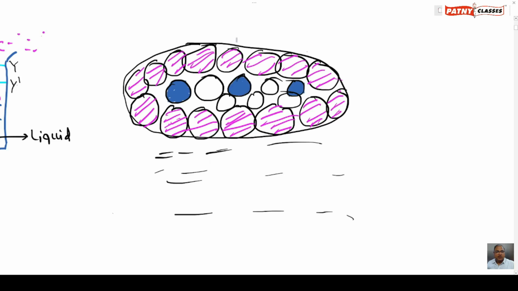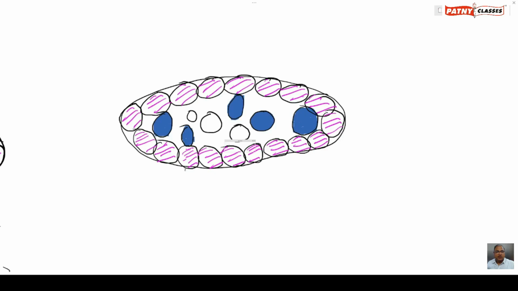One group of molecules touching exactly the walls of the container, and another group of molecules which are touching those molecules which are already touching the walls of the container. So which molecules will go down due to unbalanced forces? Those molecules will go down first which are most unbalanced.